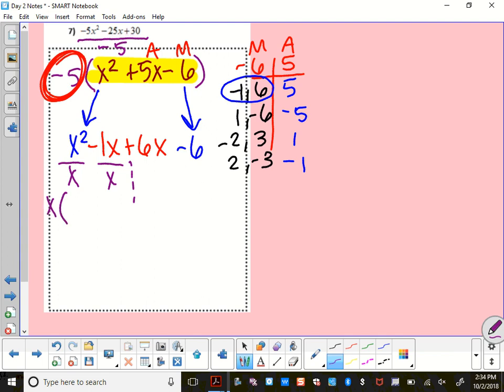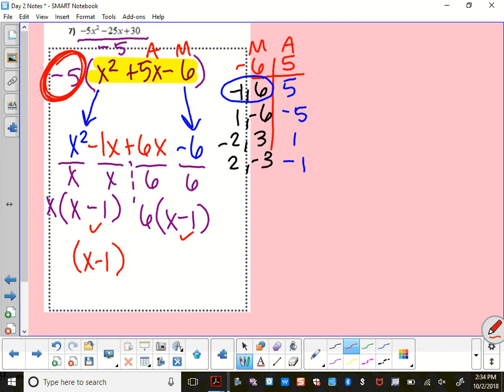And then I divide: x minus 1. On the other side, my GCF is 6. And I divide: x minus 1. I have matching parentheses, so we're good so far. So I have x minus 1, and then x plus 6.